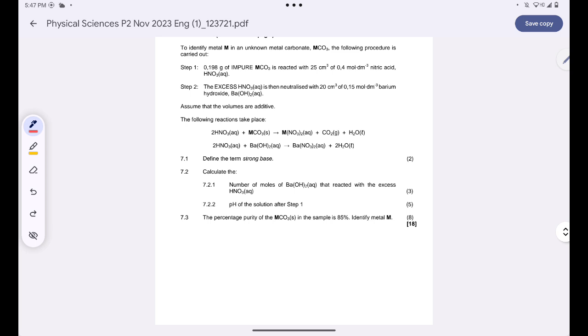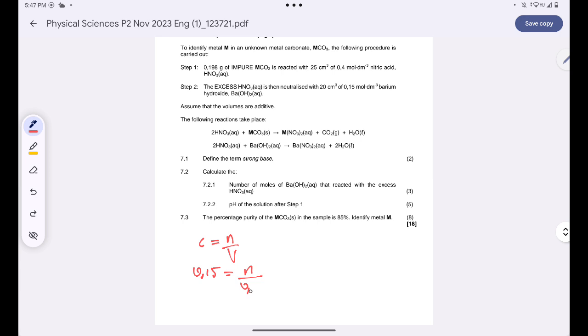7.2.1, we are told to calculate the number of moles of barium hydroxide that needed to react with the excess acid. I know that concentration is equal to n over V. I am given the concentration of my base, 0.15, and want to find the number of moles.